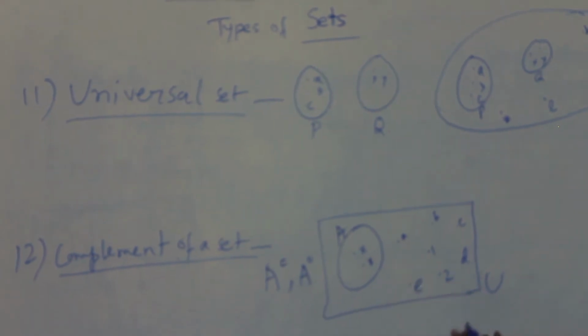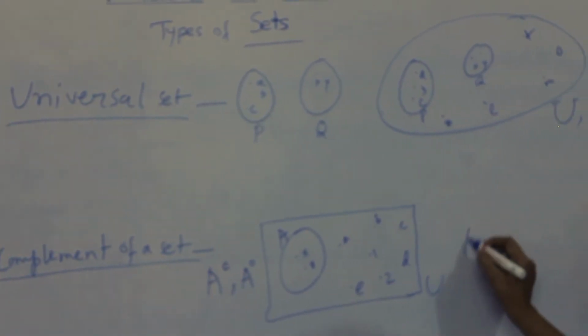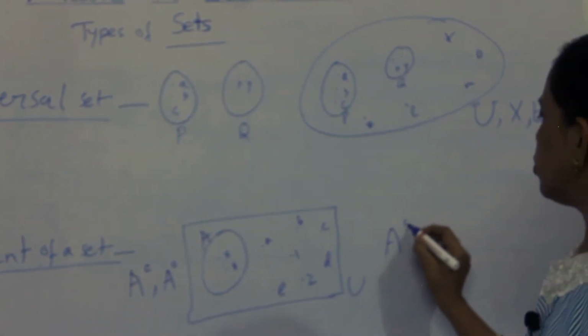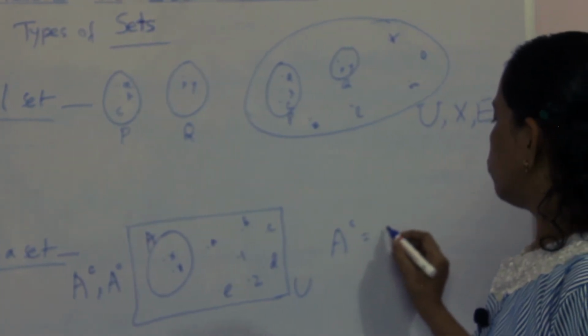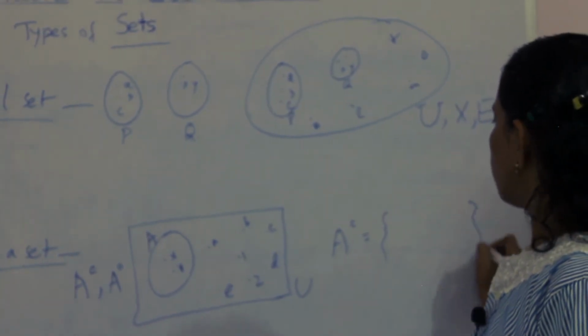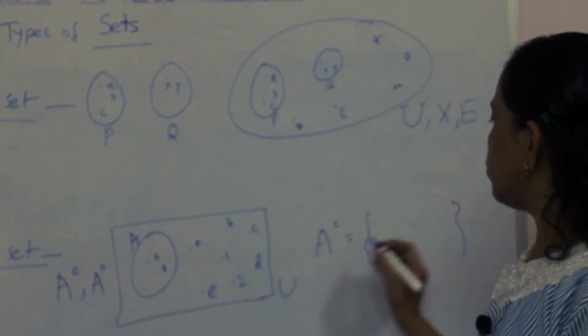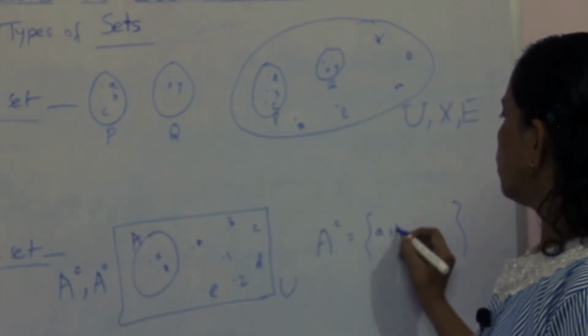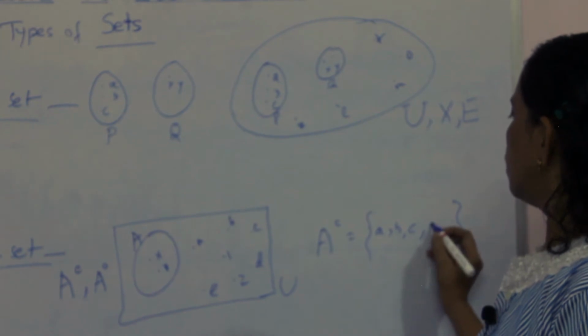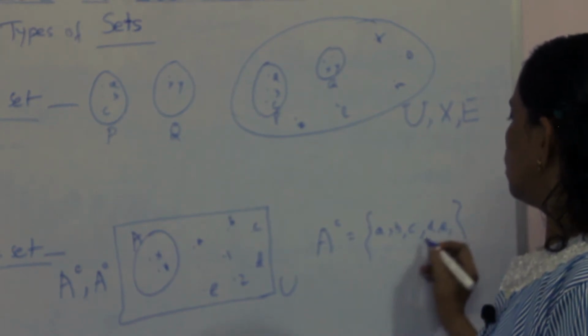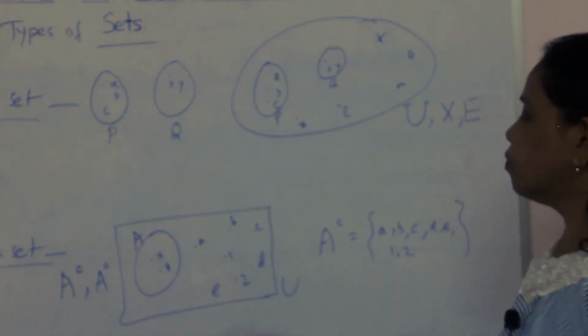So the complement will be the elements present in the universal set but not in set A. So what will be the elements here? A, B, C, D, E, 1, 2.